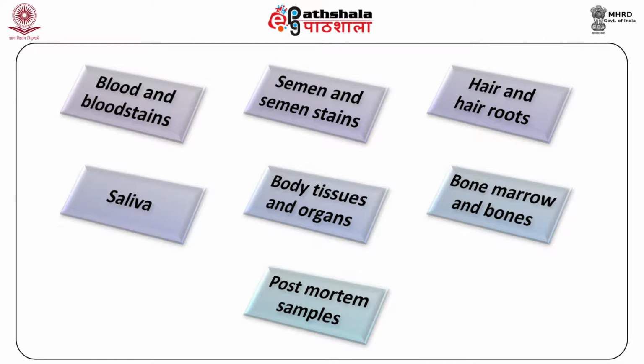Since DNA is found in every nucleated cell of the body, it can be extracted from a variety of different materials such as blood and blood stains, semen and semen stains, hair and hair roots, saliva, body tissues and organs, bone marrow and bones, post-mortem samples, etc.